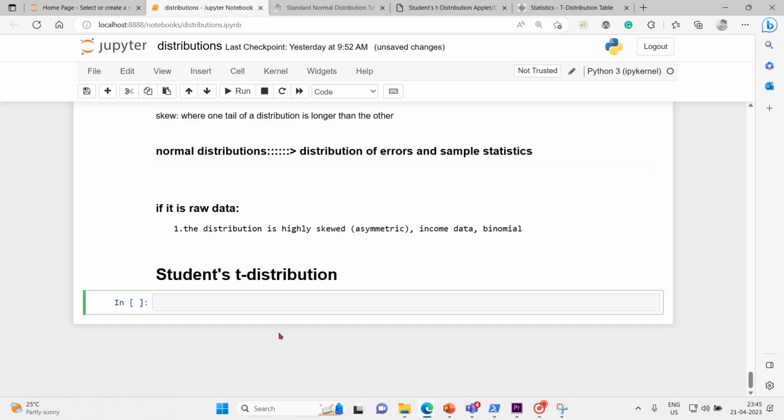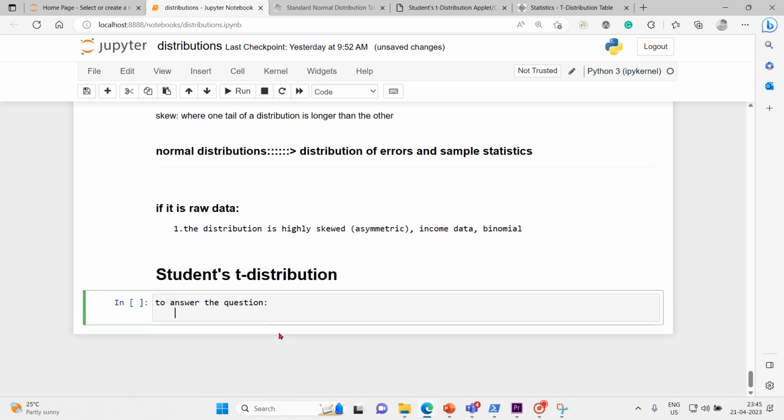So the main agenda of creating all this is to answer the question, what is the sampling distribution of the mean of a sample drawn from a larger population.